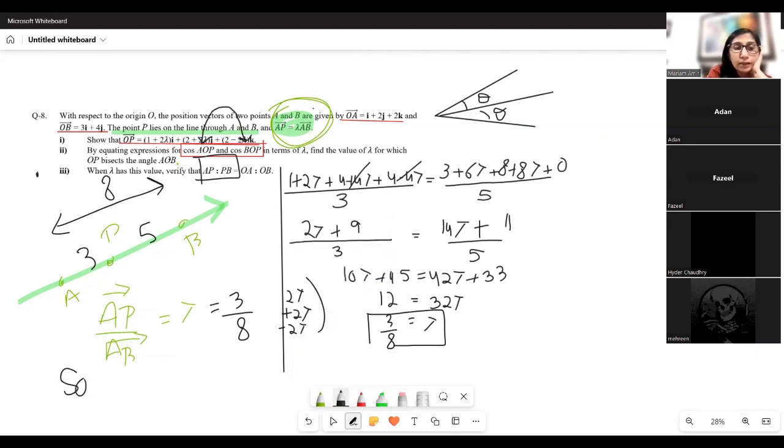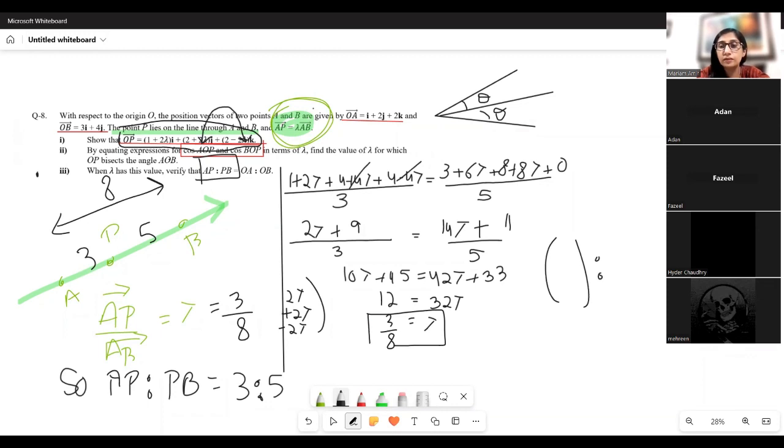So AP ratio PB will be 3:5. You could have used a very longer method to find this AP ratio PB. आप पहले lambda की value OP के expression में substitute करते इधर, उससे OP आ जाता, OP आता तो AP भी आ जाता because we already know A, and then PB भी आ जाता because we already know B, and then you would have 2 column vectors on both sides, and then you would have taken their magnitude.